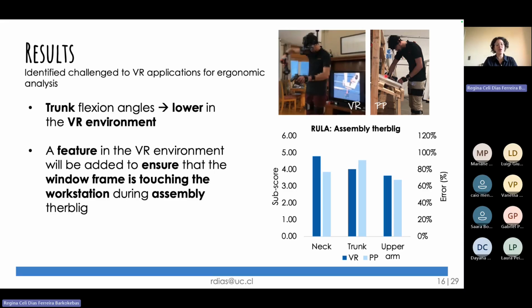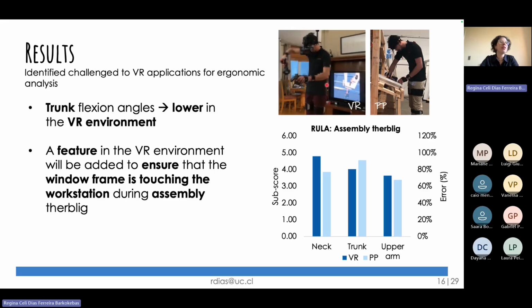I might have a hand just to hold it in place, but I would leave it touching the workstation because it's basically more convenient for me. I don't need to be holding one thing, and the drilling machine, even though it's a compact one, still has some weight. So I'm not going to be holding two things in my hands if I have a place to put it.